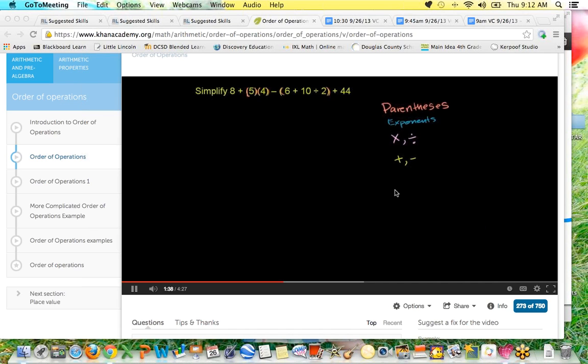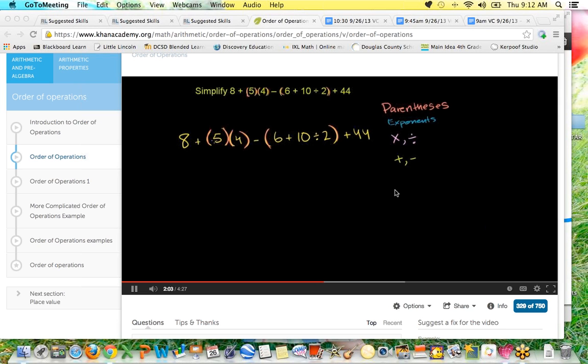So let's apply it over here. Let me rewrite this whole expression. It's 8 plus 5 times 4 minus, in parentheses, 6 plus 10 divided by 2, plus 44. So we're going to want to do the parentheses first. We have parentheses there and there. Now this parentheses is pretty straightforward.